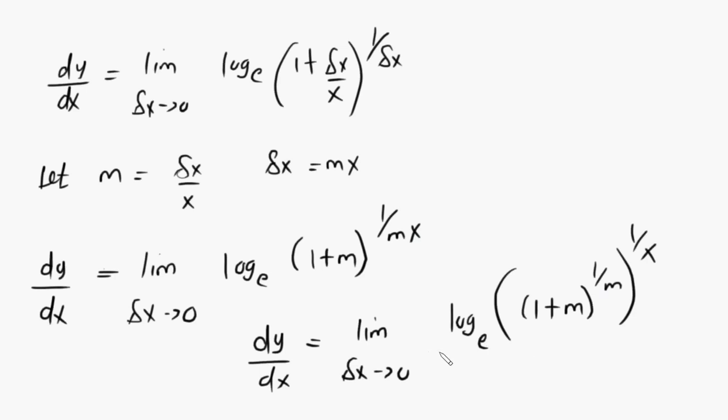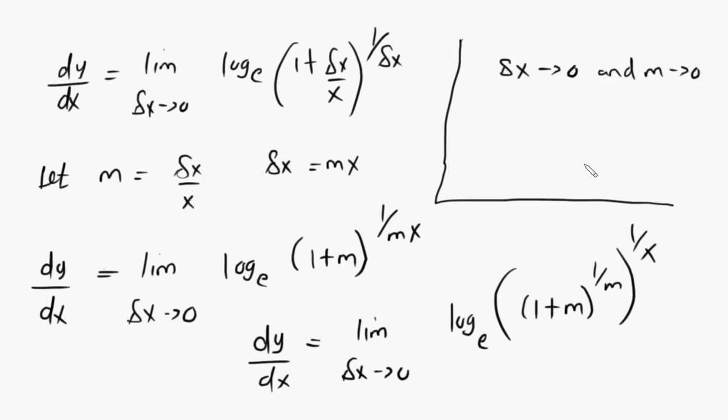So now, as delta x approaches 0, kumbuka m sasa ni delta x over x, manake pia m approaches 0. In this case sasa, najua kwamba (1 plus m) to the power 1 over m hii hapa ita approach e. I have discussed this in the previous tutorial, the derivatives of common logarithmic function.